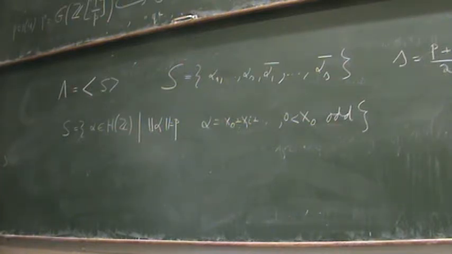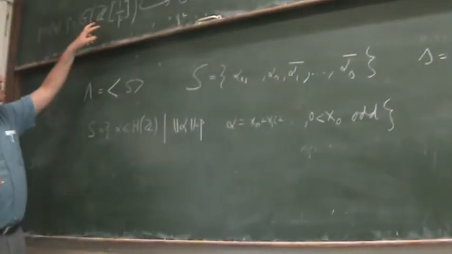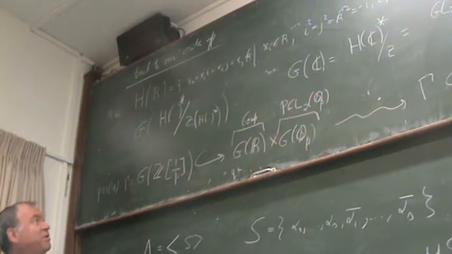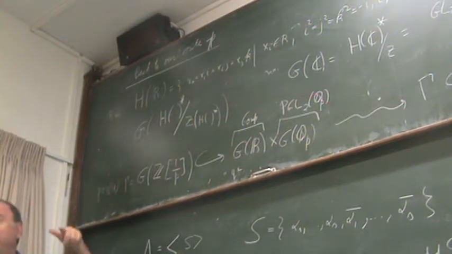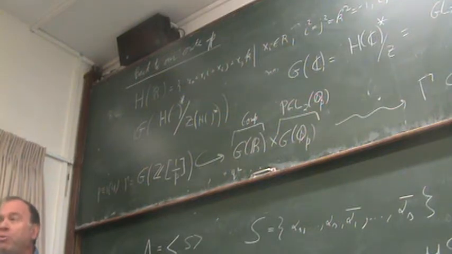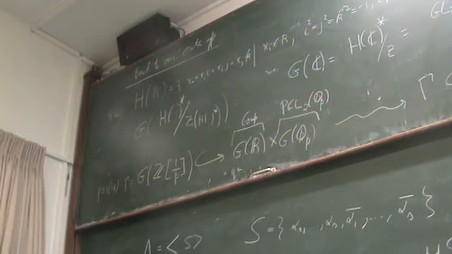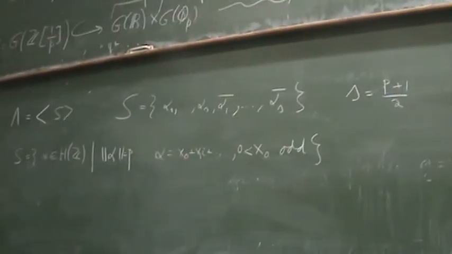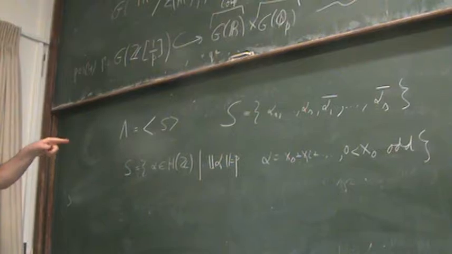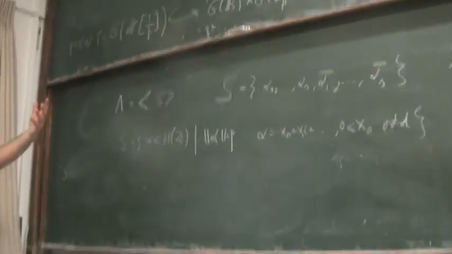Each one of them is an integral quaternion, but it really sits also in H over Z[1/p]. And the norm of it is p. Here is the trick. p is not an invertible element in the integers, but it is an invertible element in the ring Z[1/p]. And therefore such alpha is an invertible element.